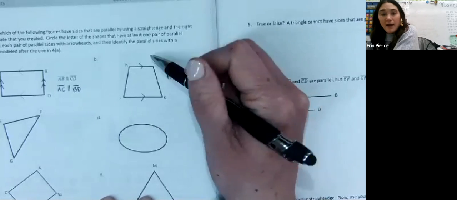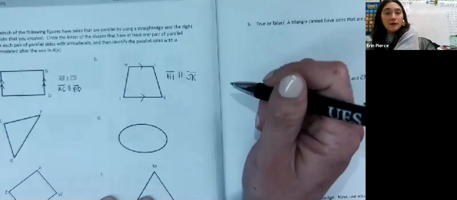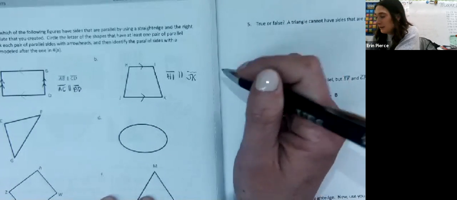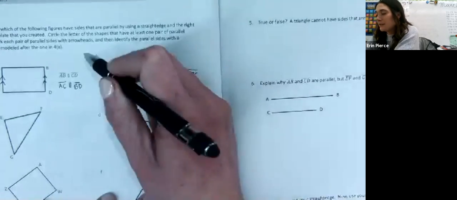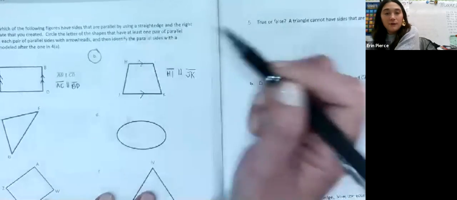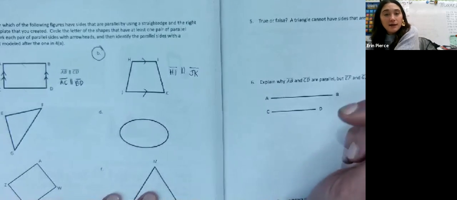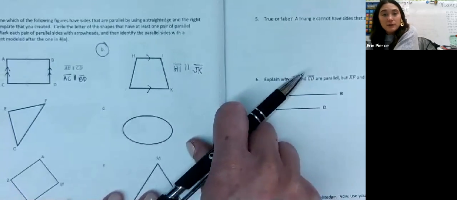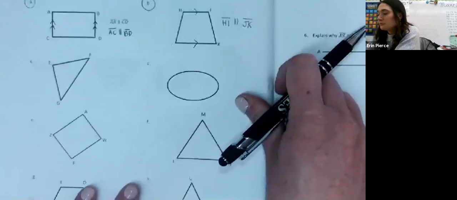HJ and IK will eventually run into each other and intersect. So those are not parallel sides. I can circle it though, because it is a parallel set of lines on there.